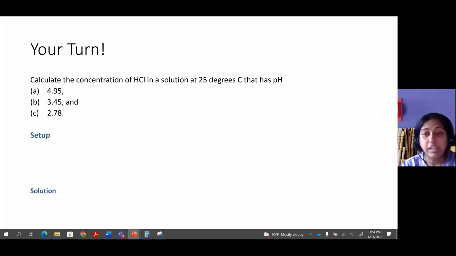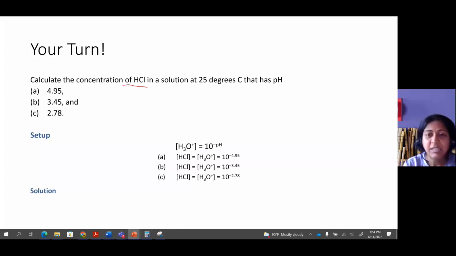Next, we are given the pH values of three different solutions of hydrochloric acid. Yes, hydrochloric acid is a strong acid, so the H3O plus concentration equals the initial concentration. Using these pH values, we calculate the H3O plus concentrations.